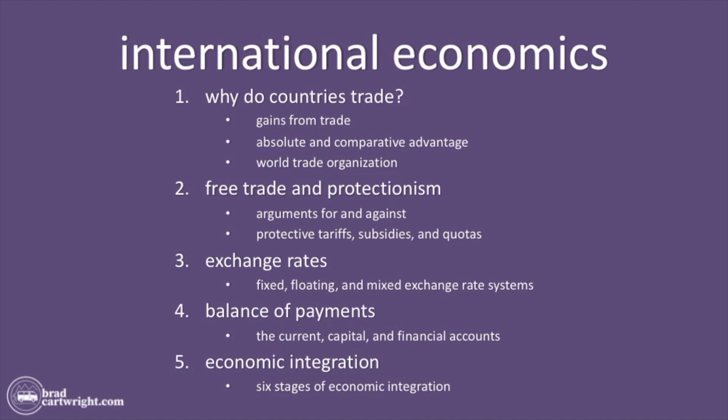So comparative advantage looks at one product between two countries, and says country A can produce more of this, but they have to give up more than country B in order to produce it. So country B, while they might not be as efficient or produce as much, is the country that we want to produce the good because they can do it for a lower opportunity cost.